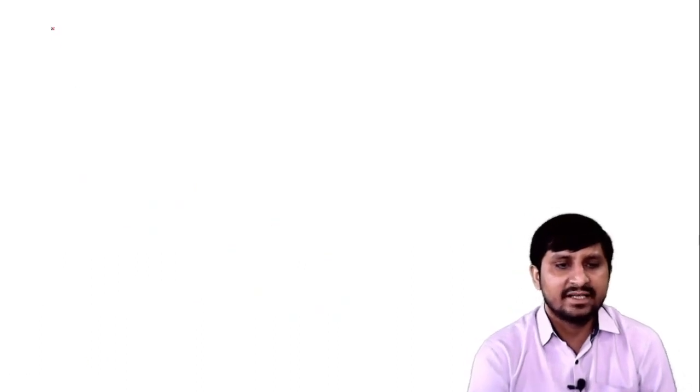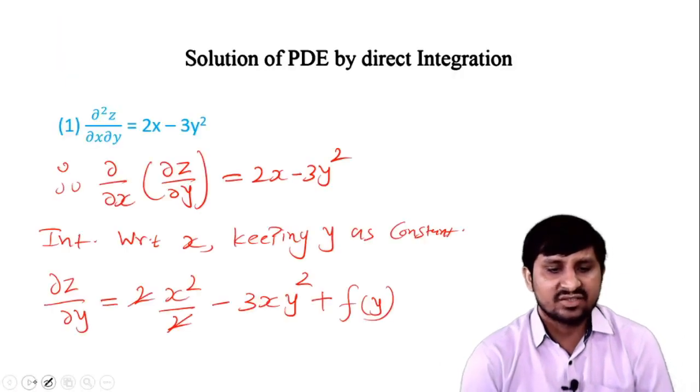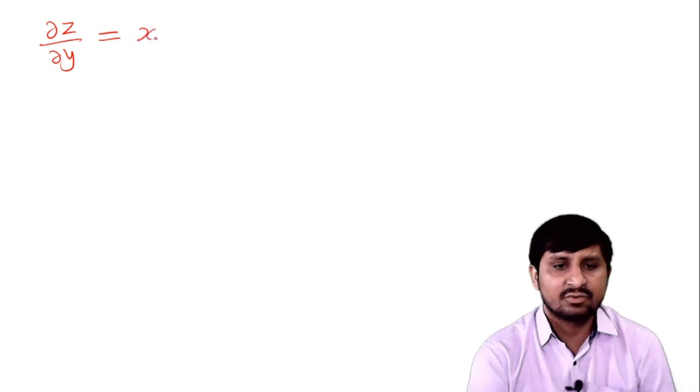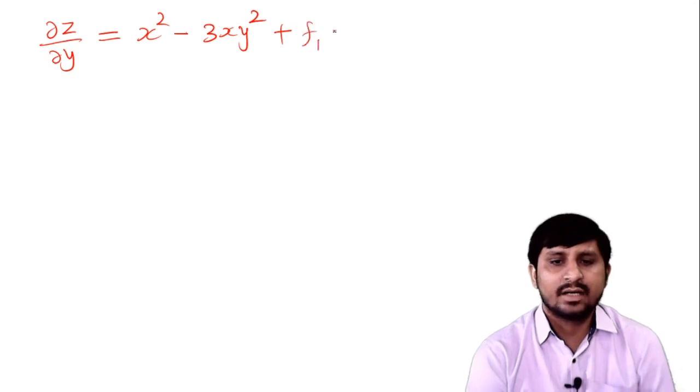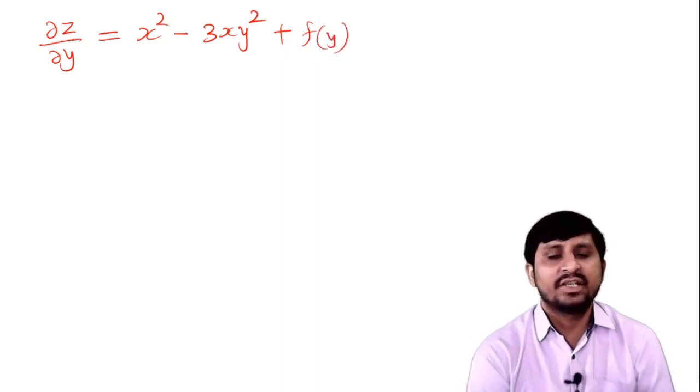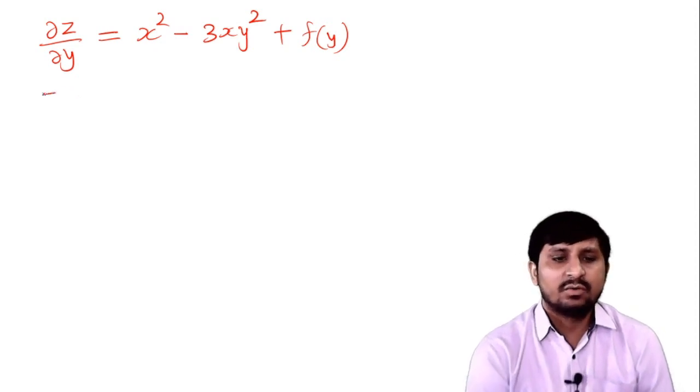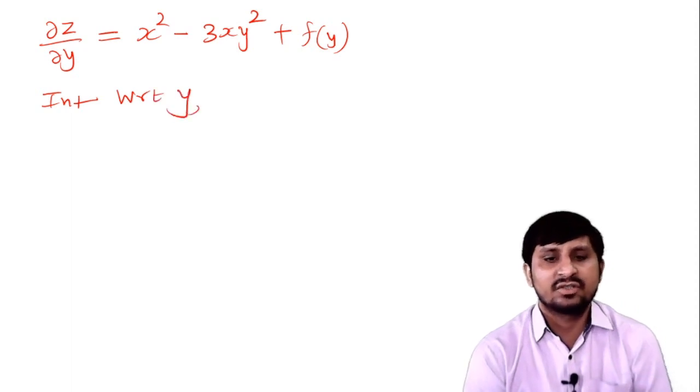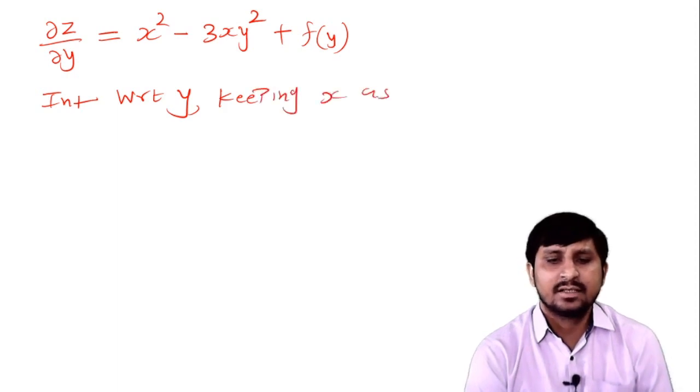Now I write once again, del z by del y is equal to x square minus 3xy square plus f of y. Now because I want the value of z, the next step is integration with respect to y, keeping x as constant.